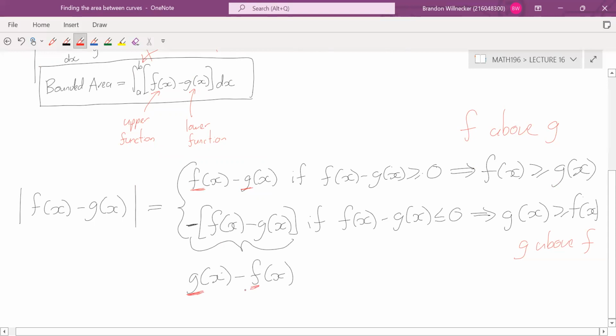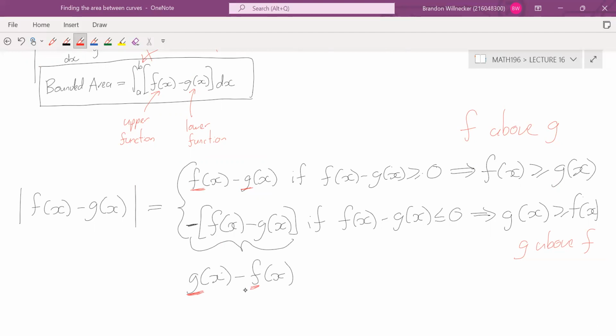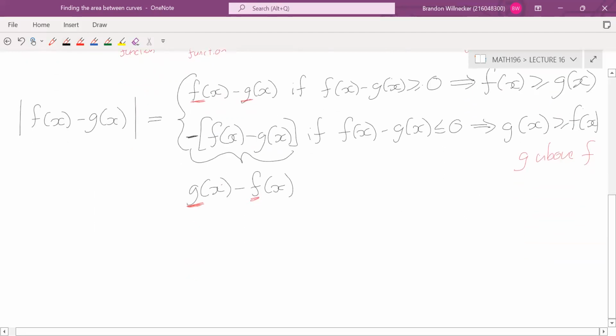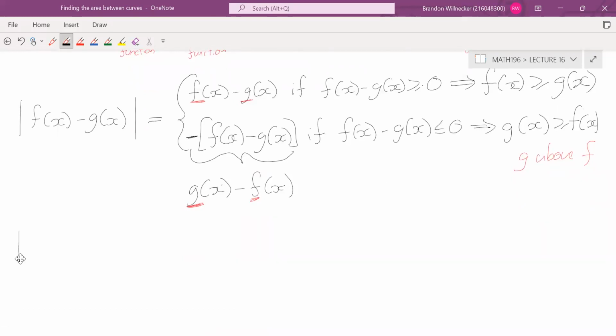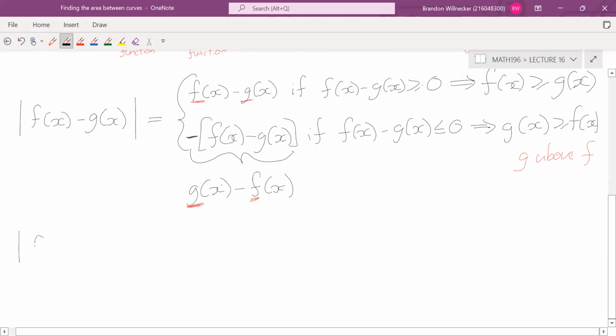Okay, so by putting the absolute value, we handle both situations. So absolute value of f of x minus g of x handles both situations, one where f is above g and also where g is above f.